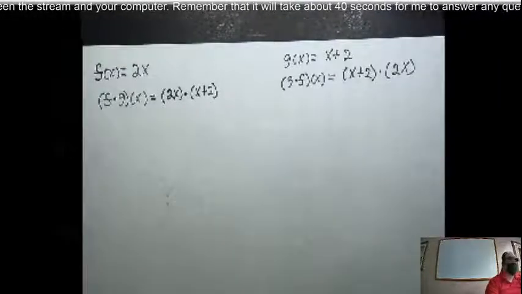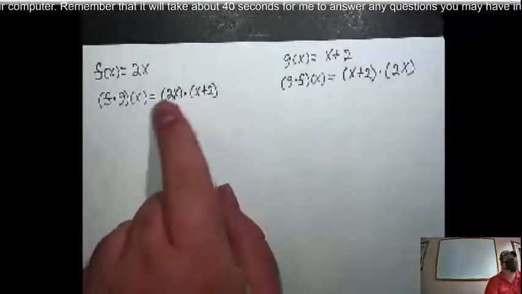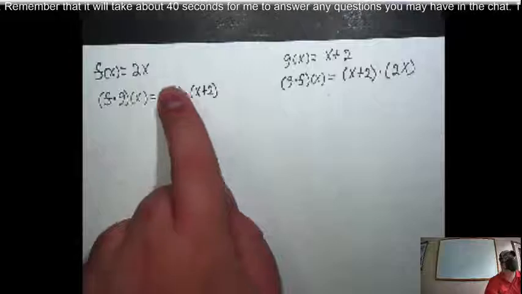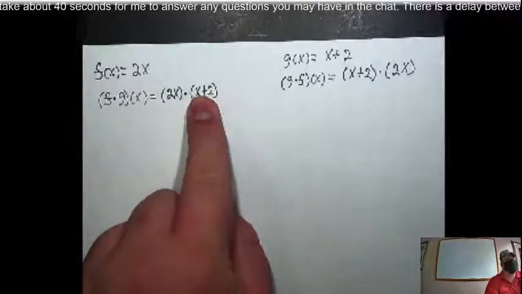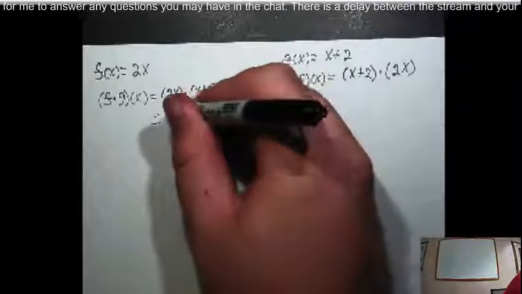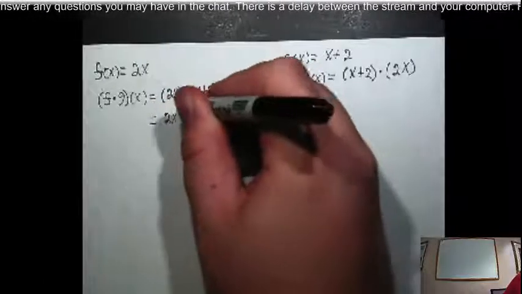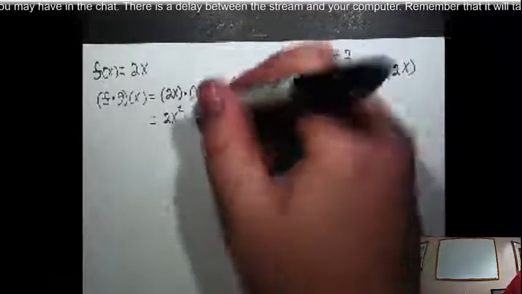Okay, so we've got 2x times x plus 2, meaning we need to distribute 2x into this set of parentheses. So 2x times x is 2x squared. And then 2x times 2 is 4x.